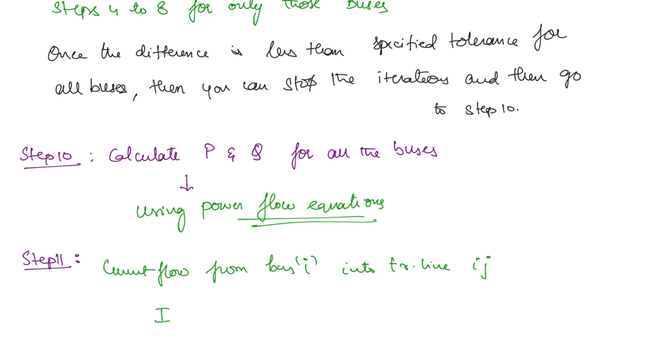I_ij is equal to (V_i minus V_j) into admittance Y_ij, plus V_i Y_ij0. This is the admittance from the bus to the ground. This is how you will be able to find the injected current.